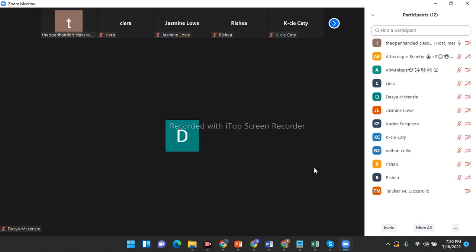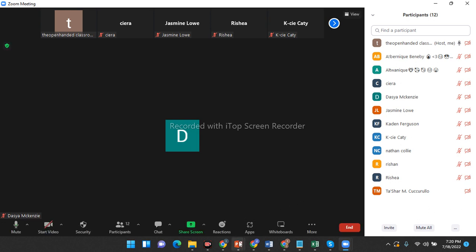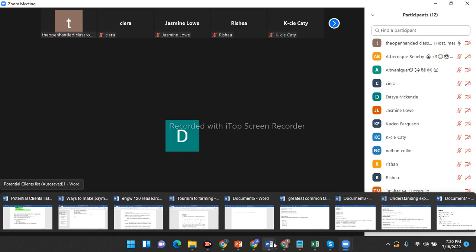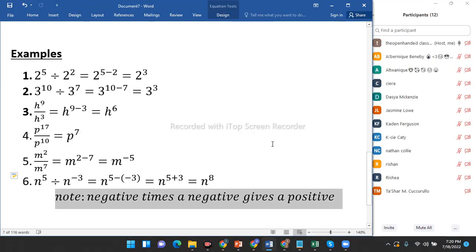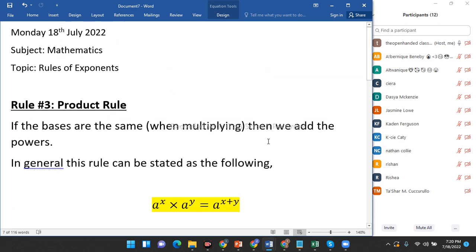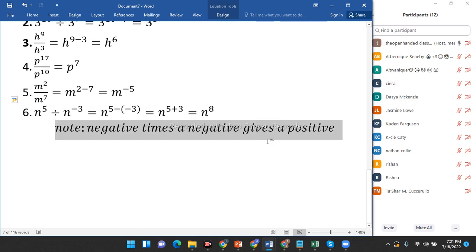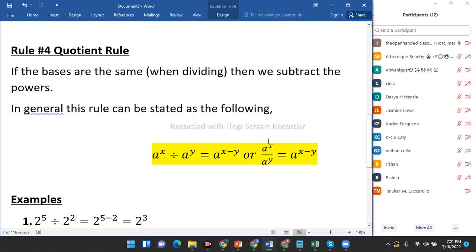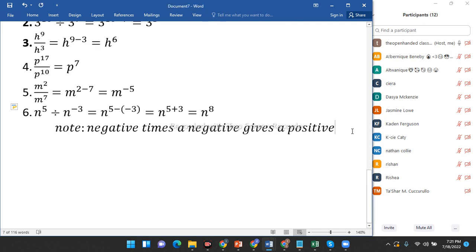It's interesting, to be honest, but it still is a nice one. So we did rule number 4, rule number 3. Now let's move on to rule number 5.